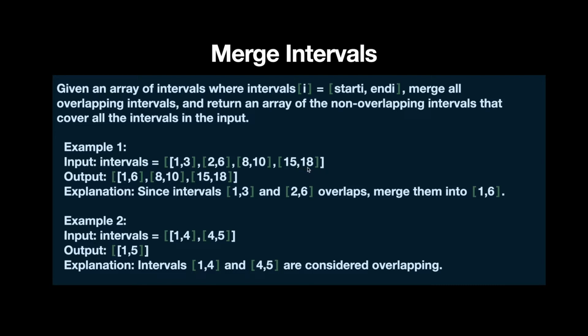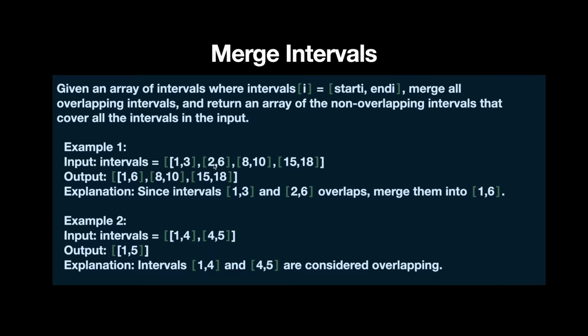15 18 is an interval between 15 and 18. So the question is, we have to give output of a similar array of intervals, which are overlapping. The input intervals will have some intervals which are overlapping. Let's say this 1 3, so the interval is 1 2 3, and then the other interval is 2 6, so the interval is 2 4 5 6.